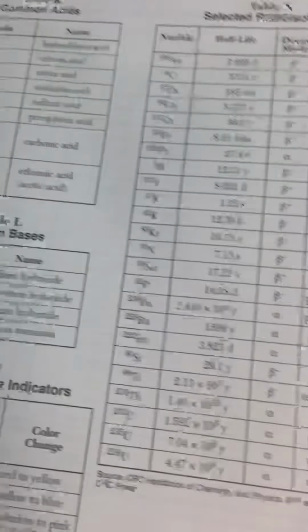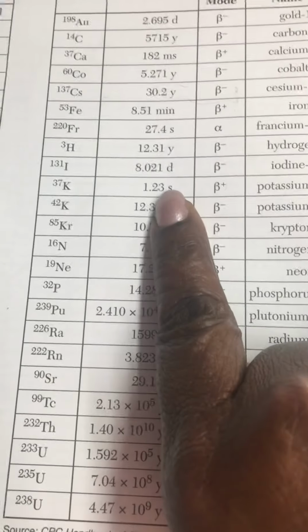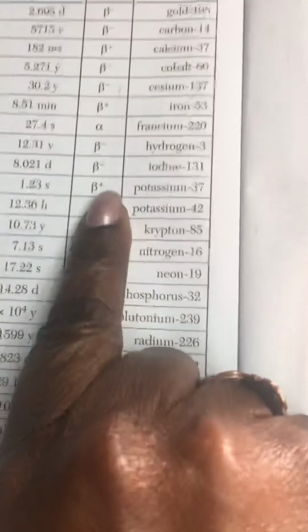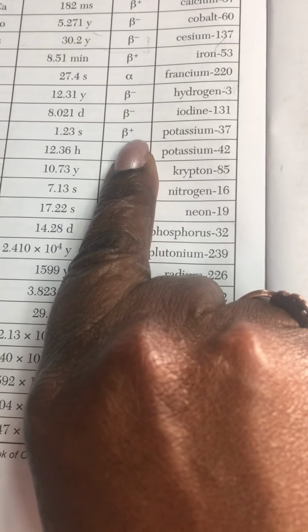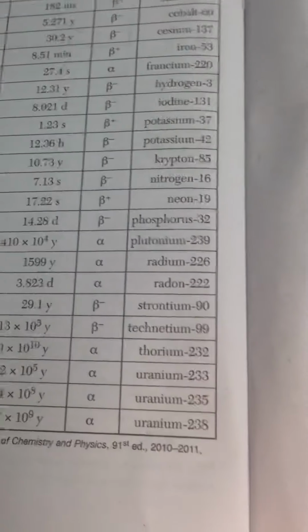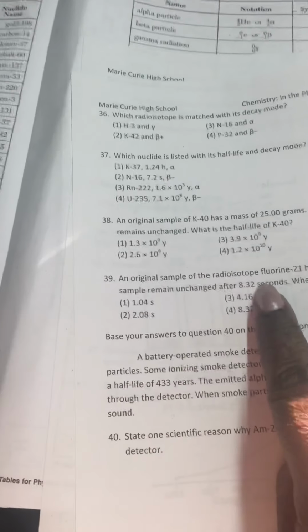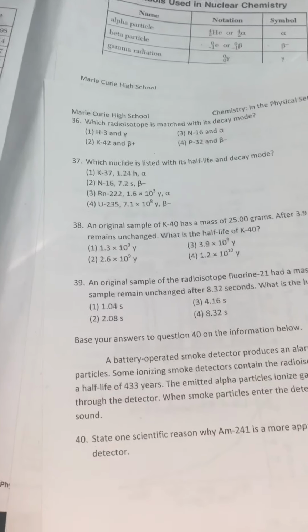Find it, K37, and all you gotta do is look for K37. Where's my K37? There you go. 1.23 is what it's supposed to be, and that positron. Where do we have that? K37, 1.24 hours in alpha. So we know it's not that. So you keep going through that, doing the process of elimination and using the guide.